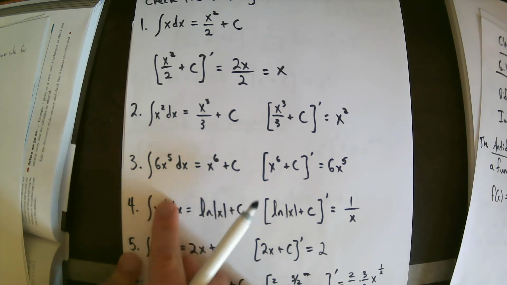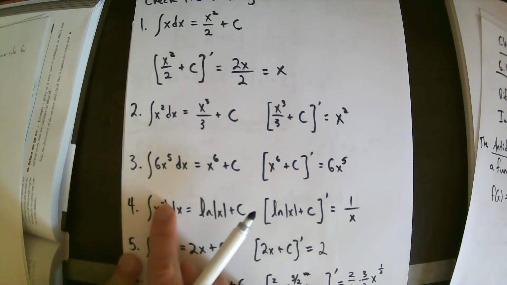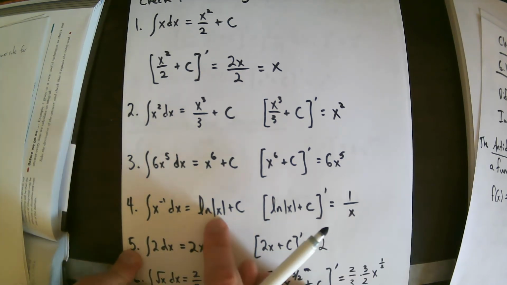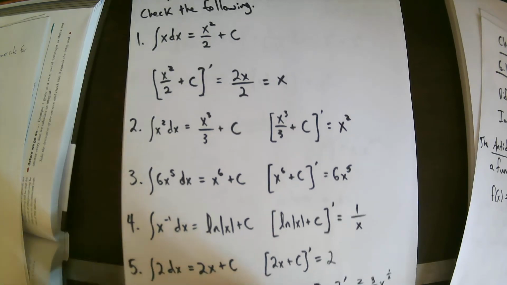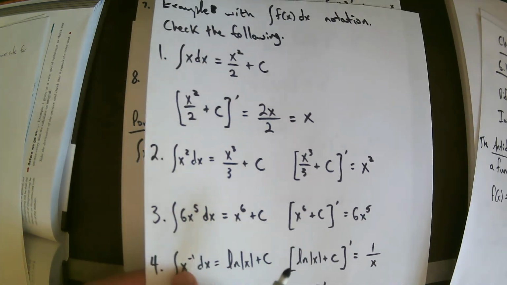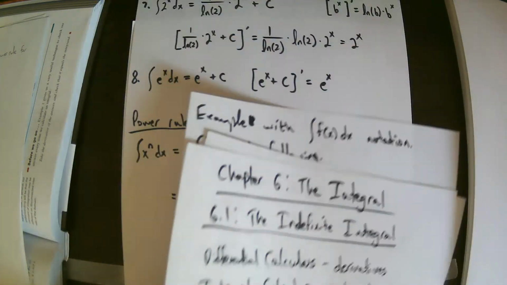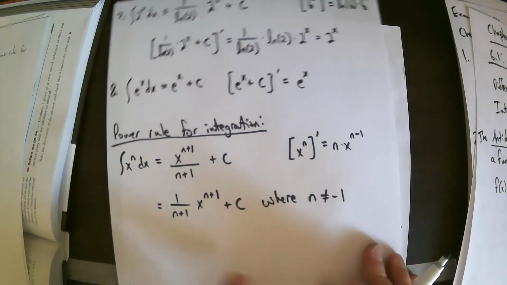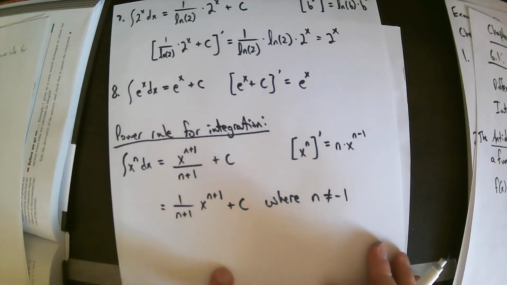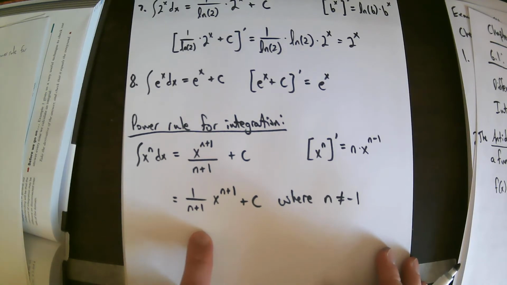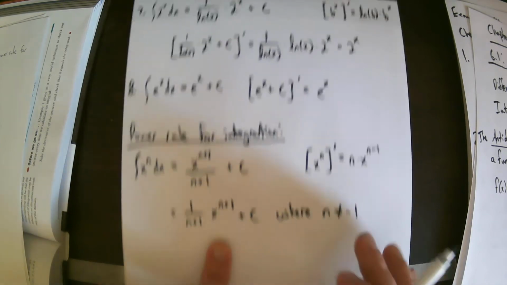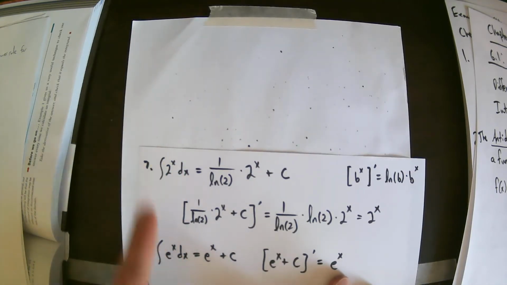The whole collection of antiderivatives of x to the negative 1 is ln of x plus c. I should say ln of the absolute value of x plus c. So this is a very special case. But for every other exponent besides negative 1, this is the rule. For polynomials and rational functions and radical functions. Not for exponential functions. Separate rules for those.